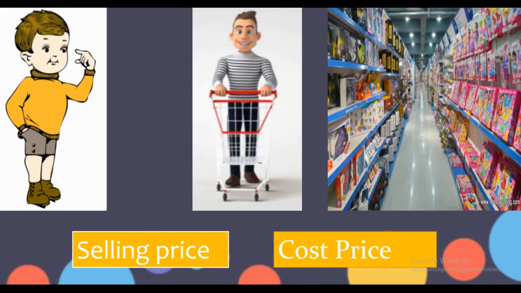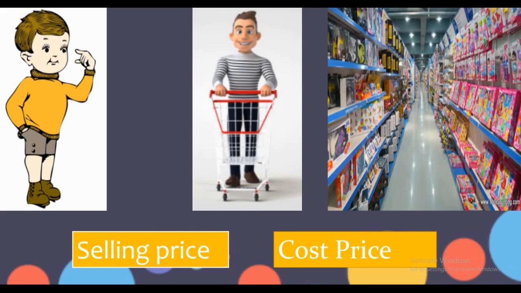So, here we have seen two new words. One is cost price, other is selling price. Cost price means it is the amount given to the shopkeeper or shop owner for the purchase. And what is selling price? Selling price means it is the amount received by the shopkeeper for the sold items.